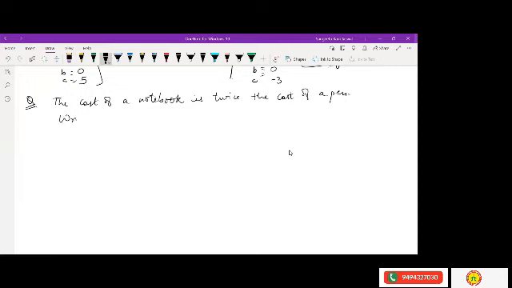Write the linear equation. Ma'am, may I answer this one? Wait, let others also answer. We must give a chance to everyone.